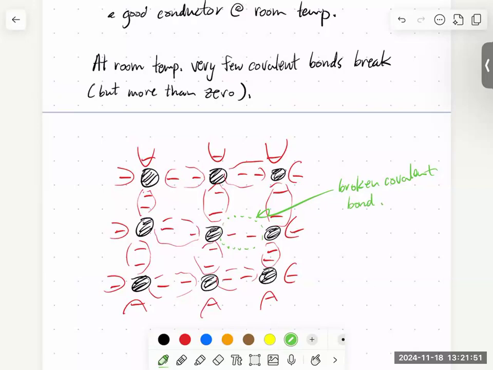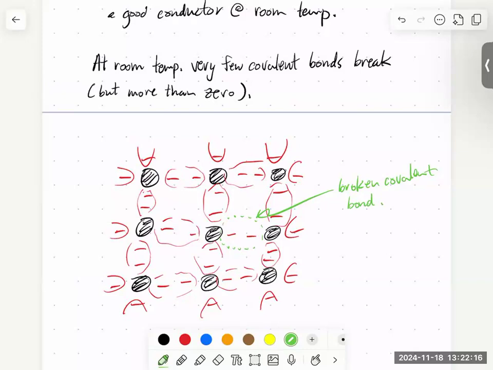Well, if these are not participating in a bond anymore, then this electron is far away from the nucleus, relatively speaking, and so it's only weakly bound to its host atom, and because it has some thermal energy, it can detach and move throughout the sample, throughout the material.